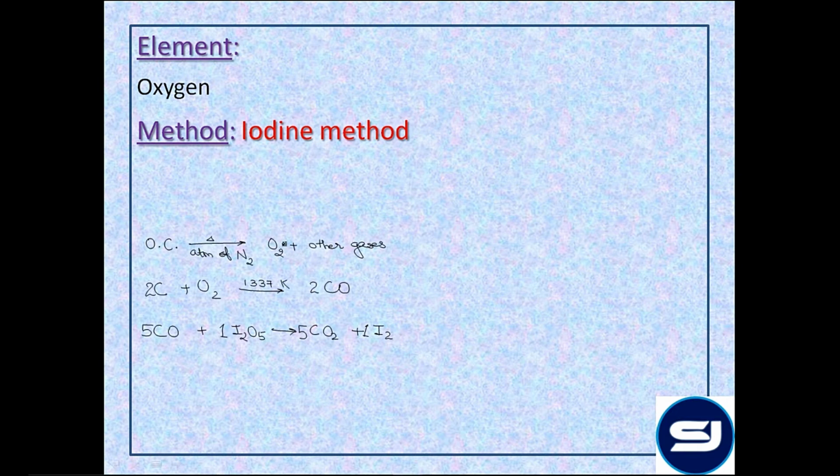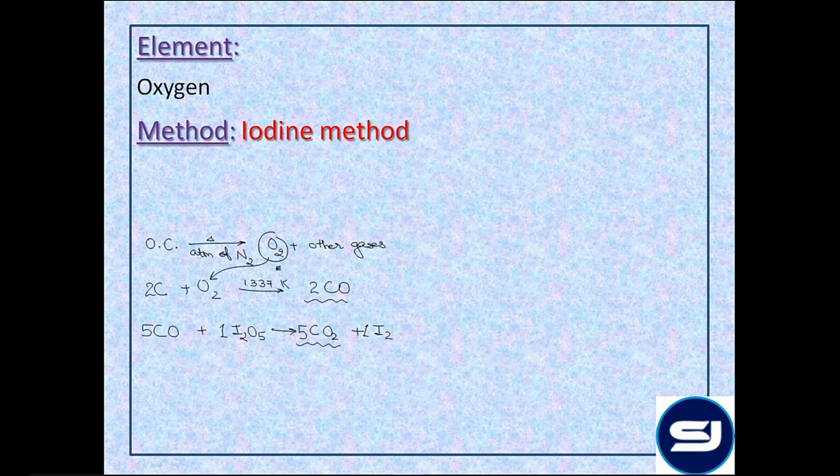So basically the determination of oxygen is done via conversion of this oxygen into carbon monoxide, and this carbon monoxide is then converted to carbon dioxide.